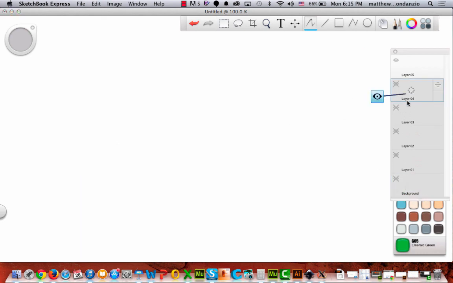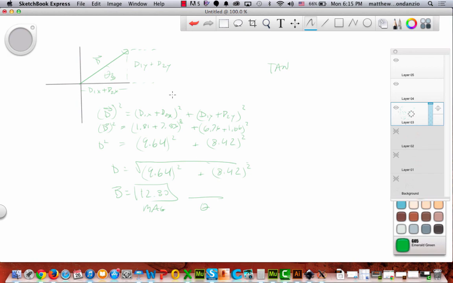So if I come back, now we're looking for theta 3. The tan of theta 3 equals our opposite over our adjacent. So the dy, that's 8.42 over 9.64. That means the inverse tangent of 8.42 over 9.64 equals our theta 3.